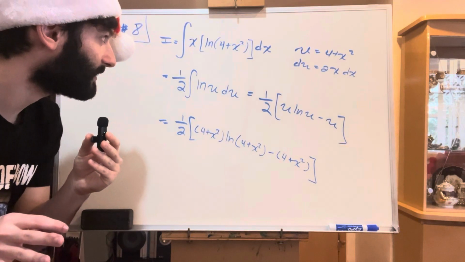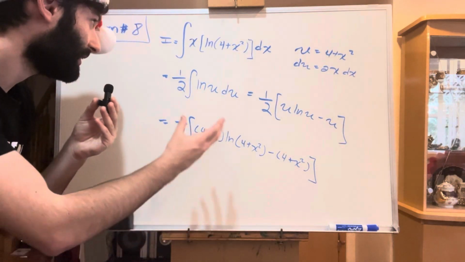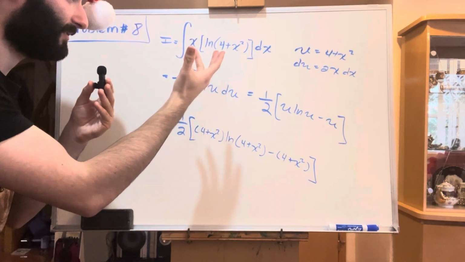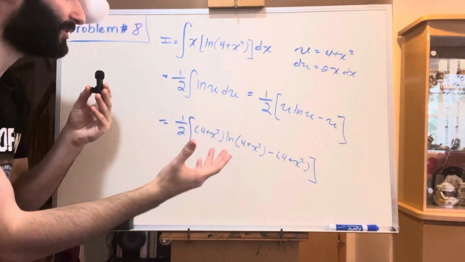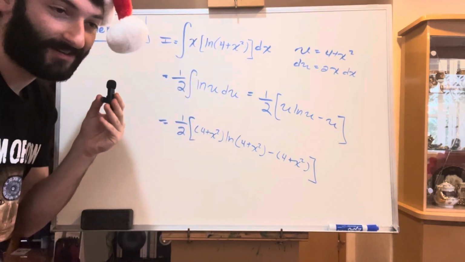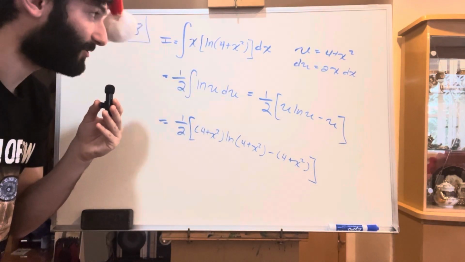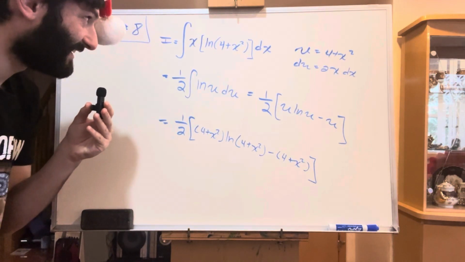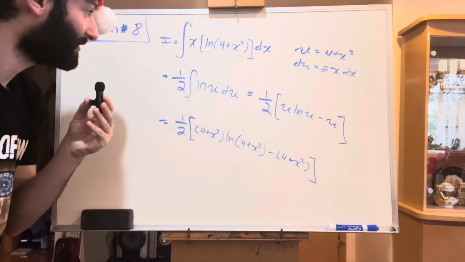Because if you're spending all this time trying to figure out how to manipulate the integrand, but the whole time you could have just set one equal to u and it cancels the other function within the integrand, it's gonna bite you.